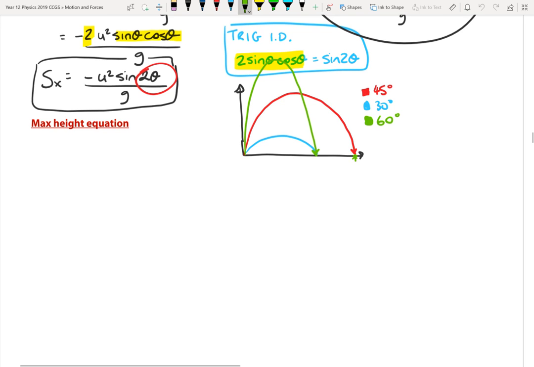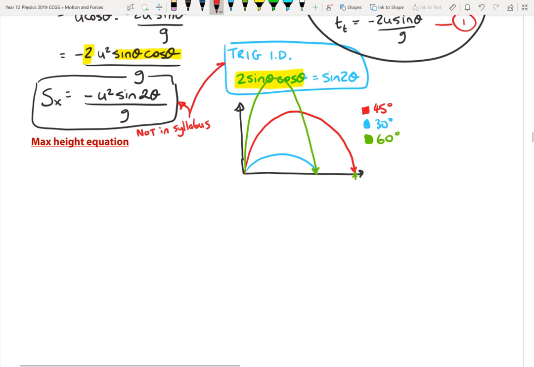So again, I will show you the derivation, but I would put the disclaimer, not in syllabus. All right? So don't worry, you don't have to show that derivation because it's not a prerequisite to know method and spec.